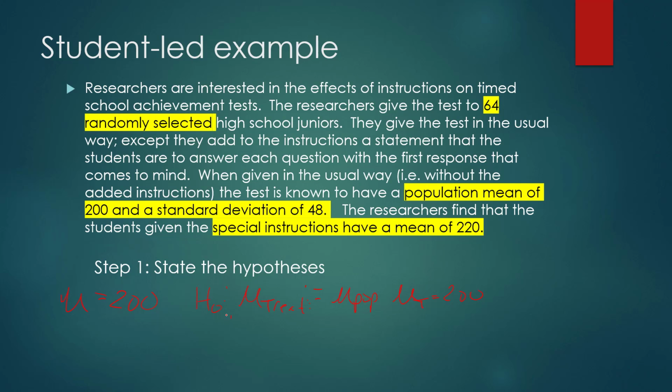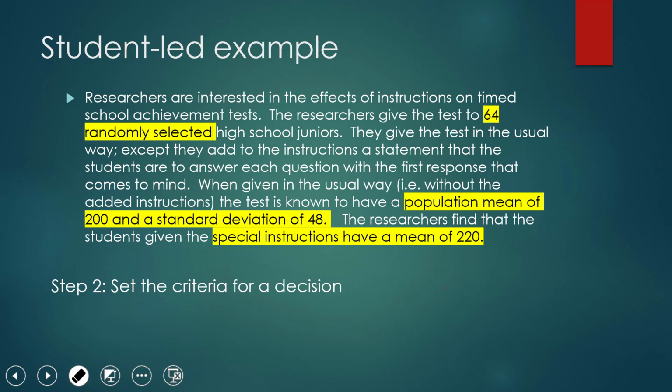So that's our null hypothesis. Our alternative hypothesis is that the mean of the treatment group does not equal the mean of the population. In other words, the mean of the treatment group does not equal 200.